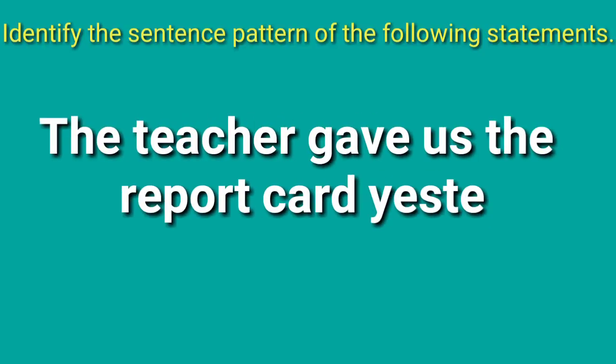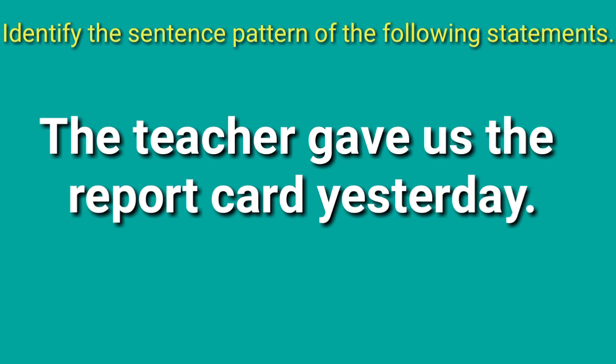This time, let's have an activity. Identify the sentence pattern of the following sentences. If it is in the S-TV-DO or in S-TV-IO-DO. The teacher gave us the report card yesterday. Who gave us the report card yesterday? Teacher. So teacher is our subject.